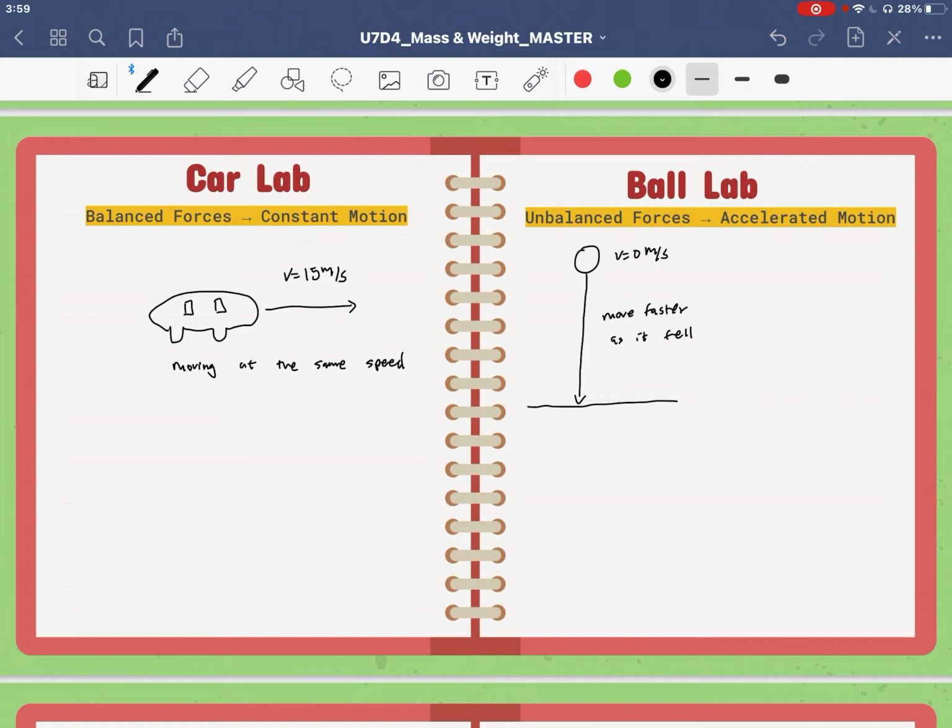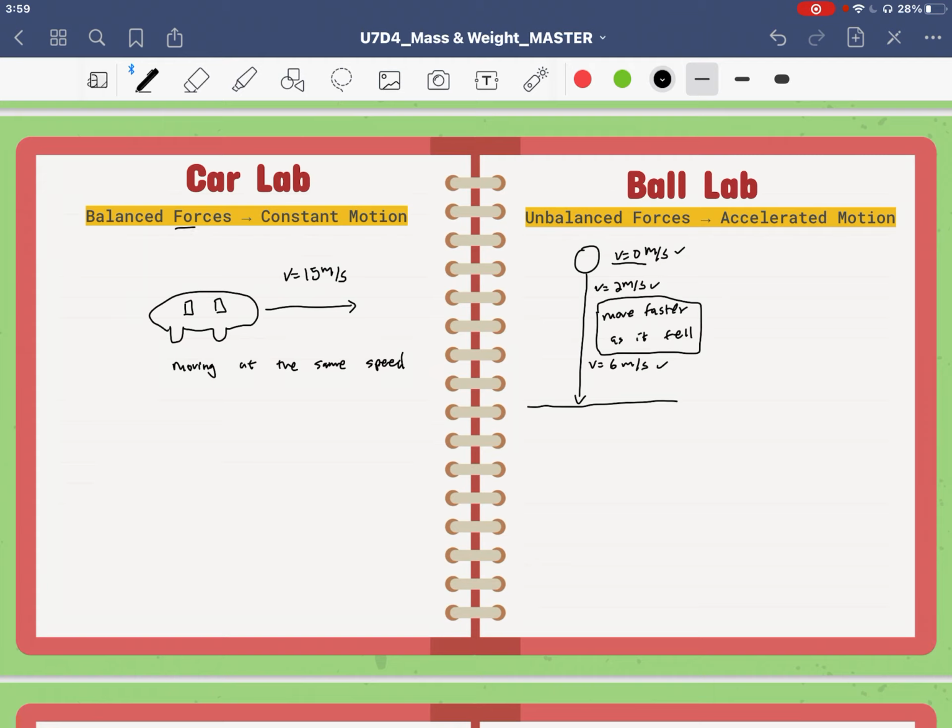And so the velocity here was, let's just say, for example, 2 meters per second, then maybe it went up to 6 meters per second. You should obviously use your table and your information to come up with reasonable numbers, but we see the velocity was changing. We started with the velocity of 0 when we were just holding the ball, and then it fell continuously faster until it hit the ground.